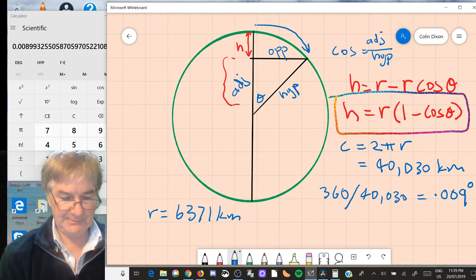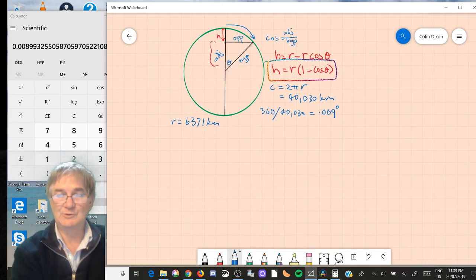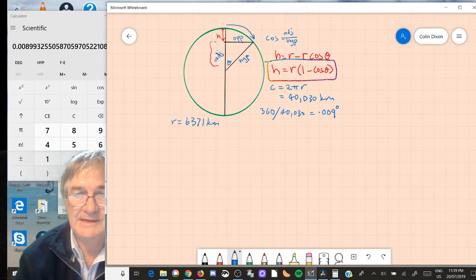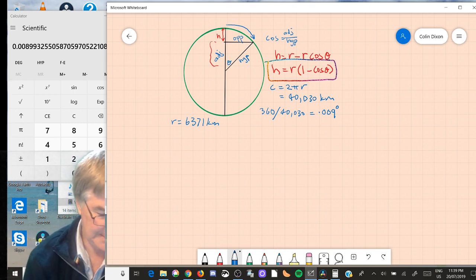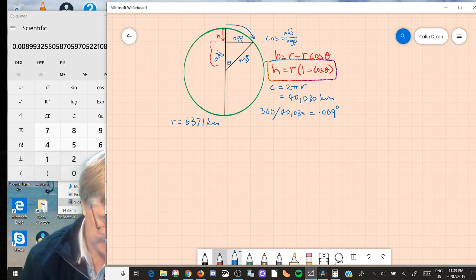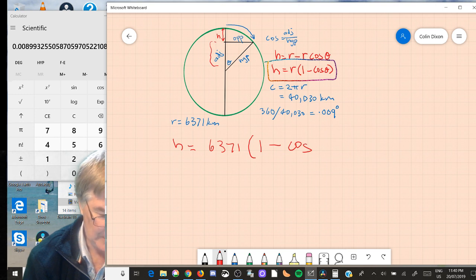So let's give some more working space. Let's now look at the example for 20 kilometres. We want to use the formula h equals r, which is 6371, brackets, 1 minus cos of the angle.